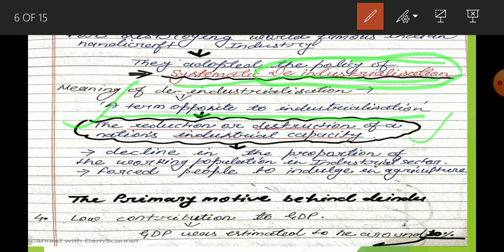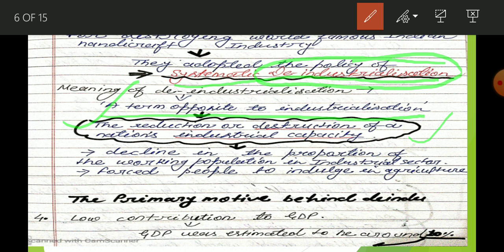What happens when there is deindustrialization? Its impact is a decline in the proportion of working people in the industrial sector. As I told you, after agriculture, cotton textile is the industry that provided maximum employment opportunity to Indian people at that time.